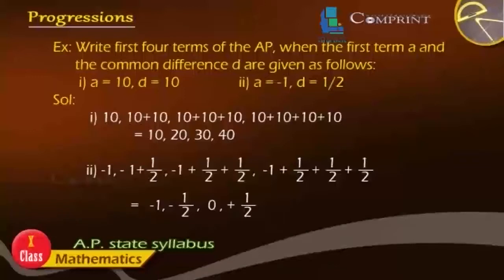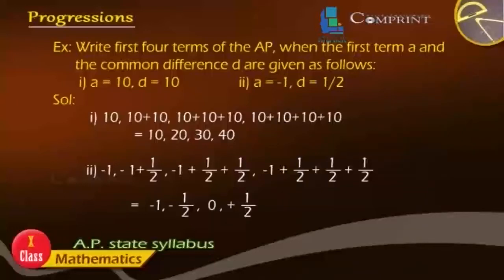Example: write the first 4 terms of the AP when the first term a and the common difference d are given as follows. Number 1. a is equal to 10, d is equal to 10. Number 2. a is equal to minus 1, d is equal to 1 by 2. Solution. Number 1. 10, 10 plus 10, 10 plus 10 plus 10, 10 plus 10 plus 10 plus 10 is equal to 10, 20, 30, 40.